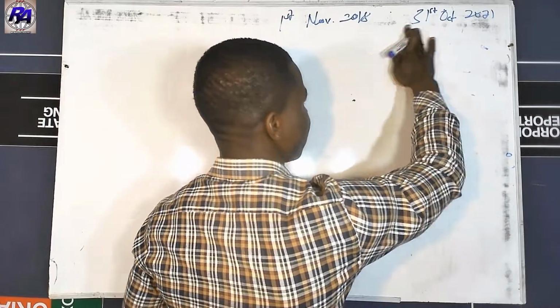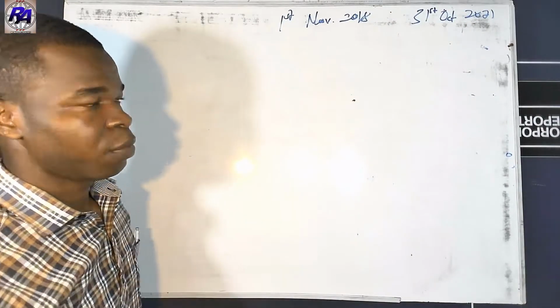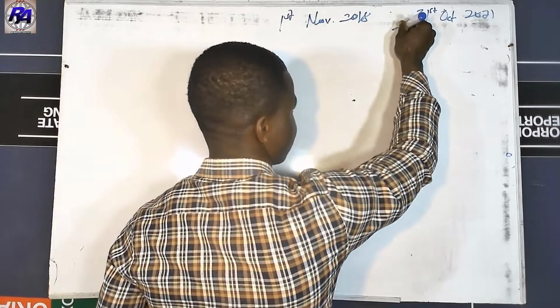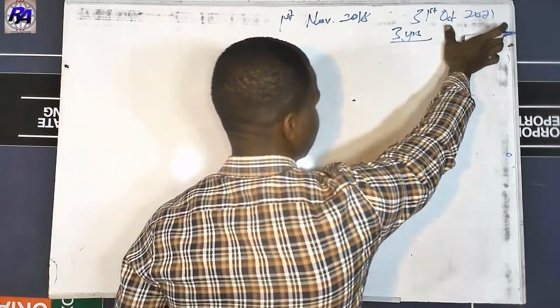So from the date of acquisition to the date of preparing our statement of financial position is 3 years. Acquisition date is this, reporting date is this one.